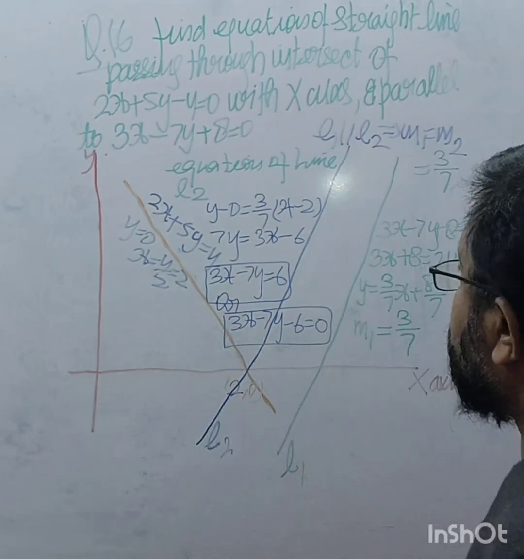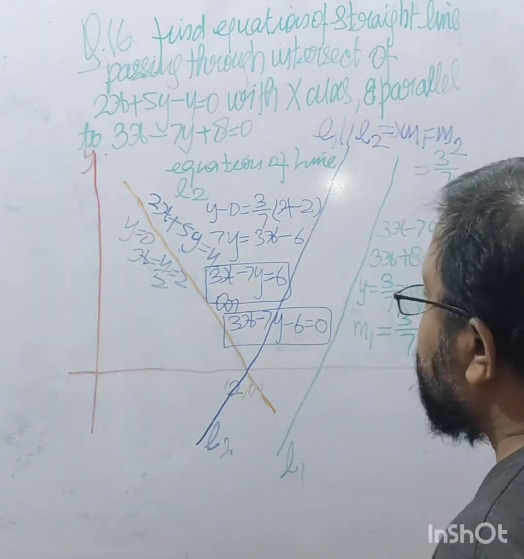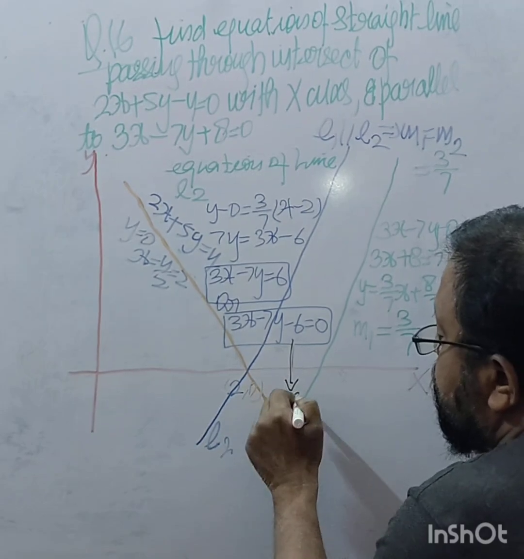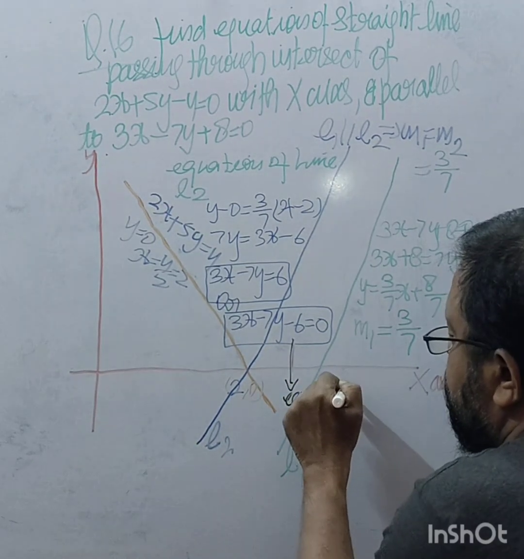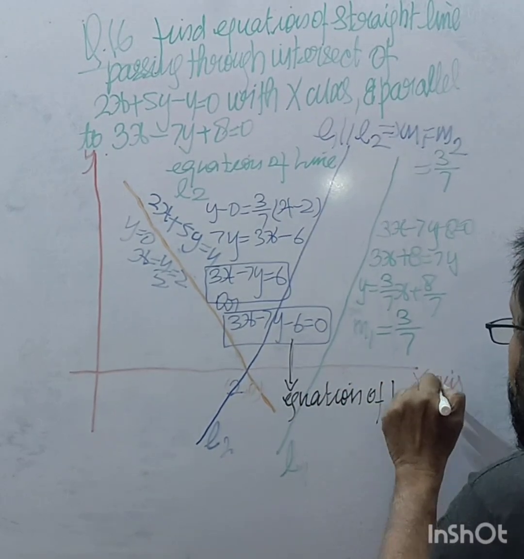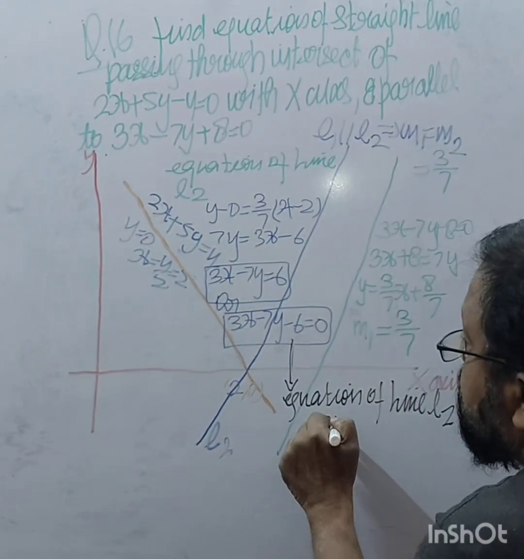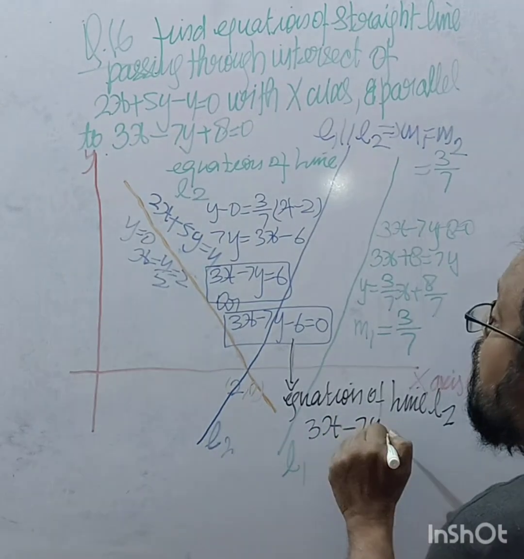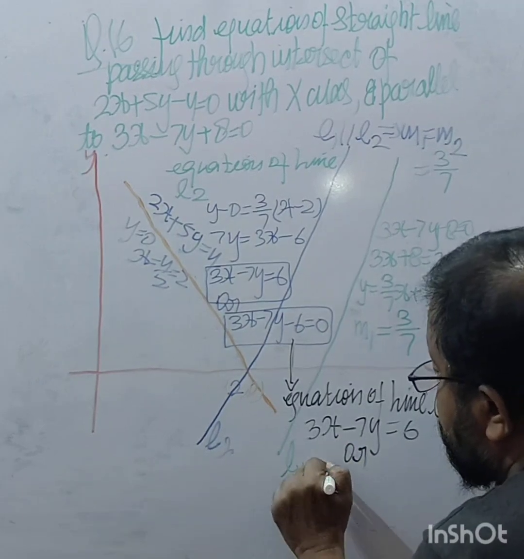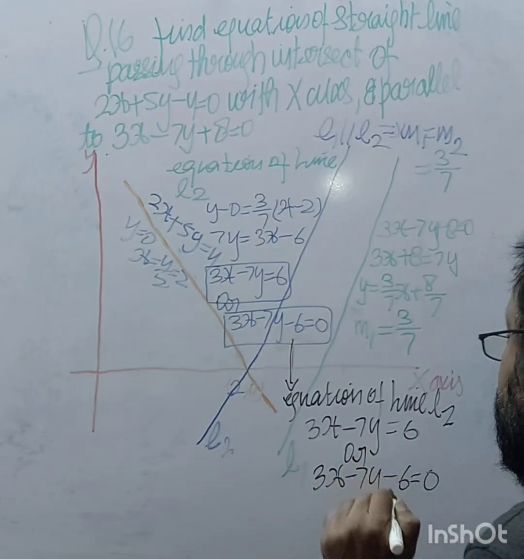This is the equation of line L2. Equation of line L2 is 3x minus 7y is equal to 6, or 3x minus 7y minus 6 is equal to 0.